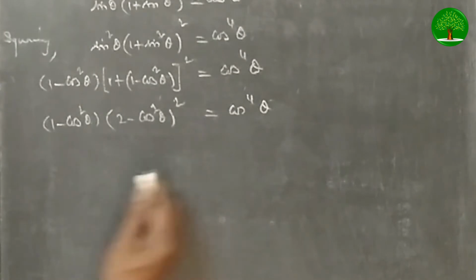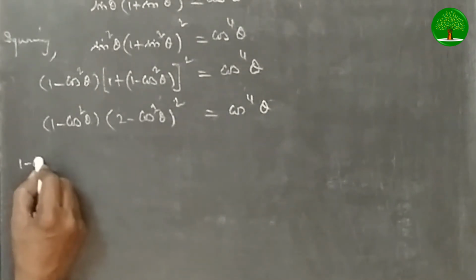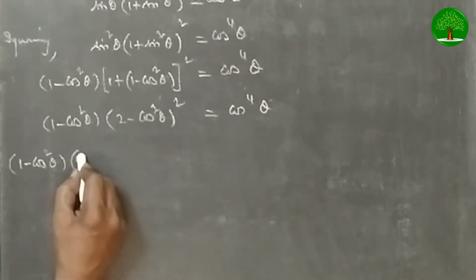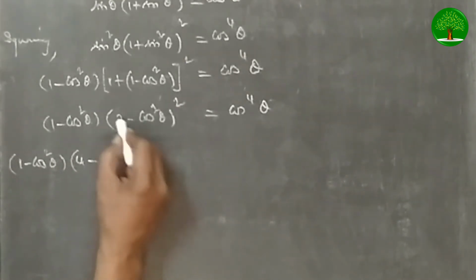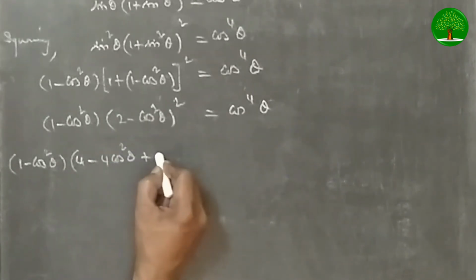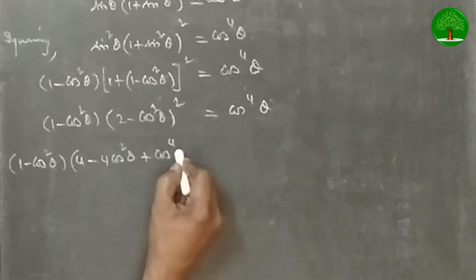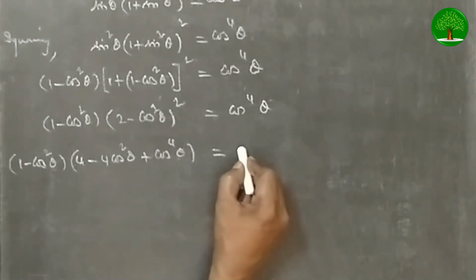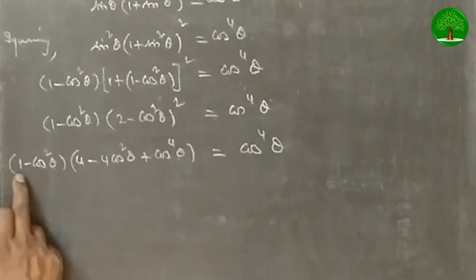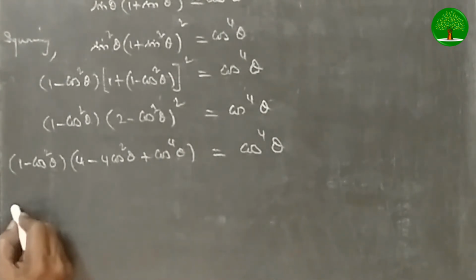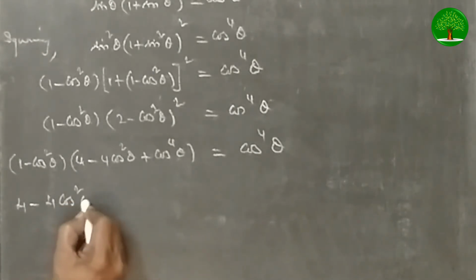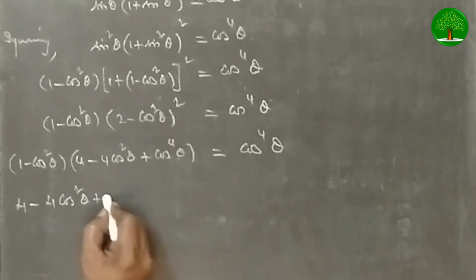Now open this. (1 minus cos square theta) into 4 minus 4 cos square theta plus cos to the power of 4 theta is equal to cos to the power of 4 theta.